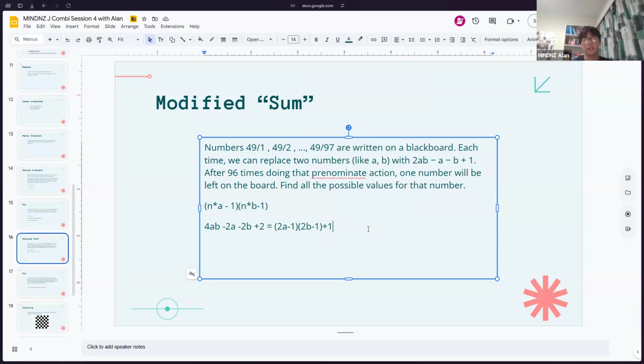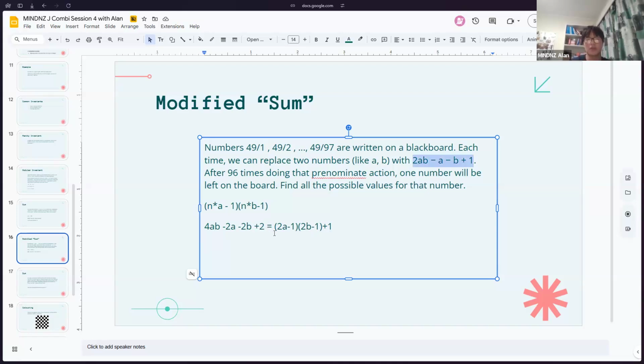If we take the product of 2a1 minus 1 times 2a2 minus 1 through to 2a97 minus 1, where each element we call a1, a2, all the way through a97, then that will be an issue, right? Actually, that's not an issue, because we would have to take this expression.